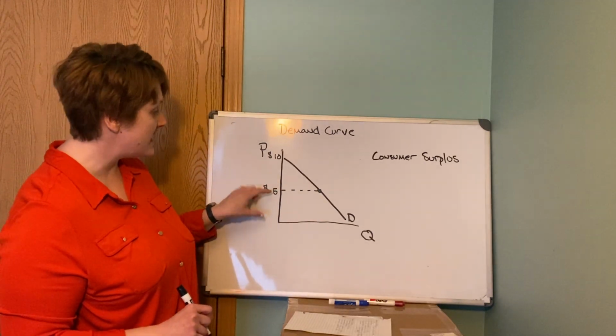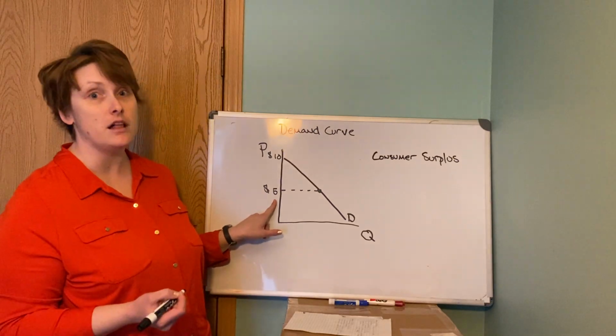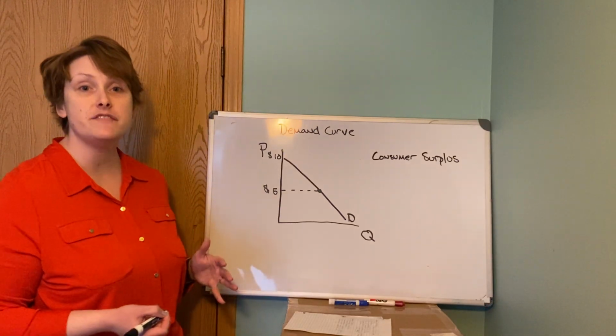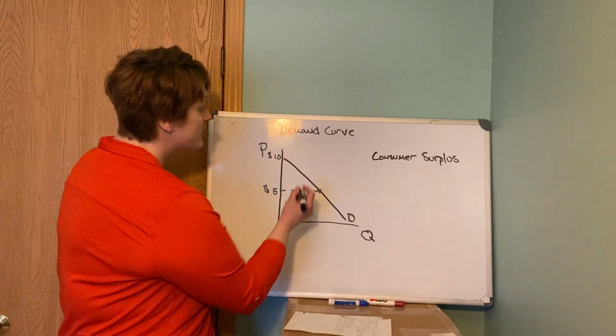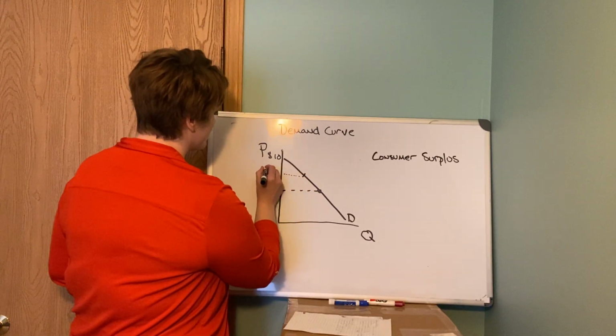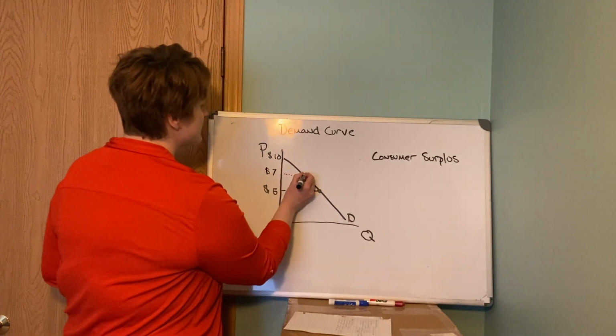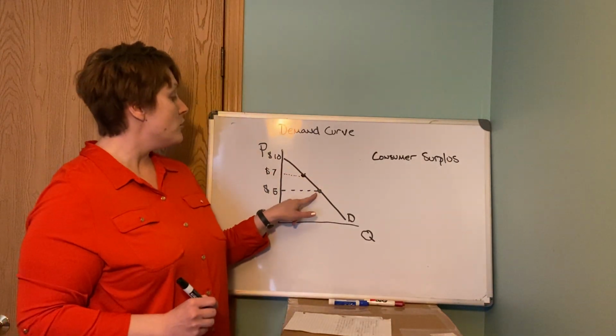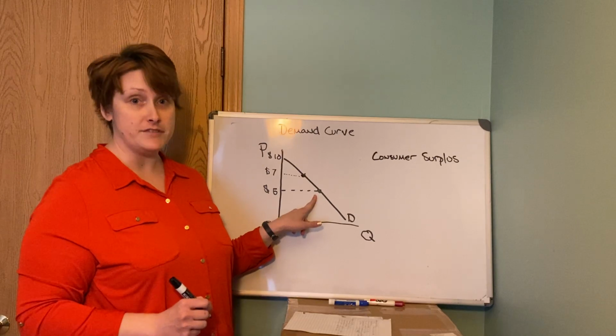In this case, if the market price is $5, let's say I have an individual on this curve that is willing to pay $7. So let's say this individual exists. The market price is only $5.